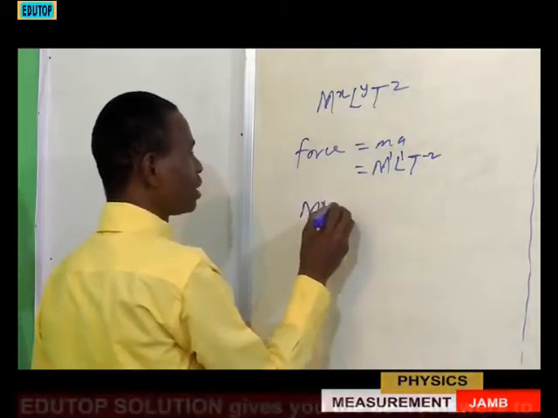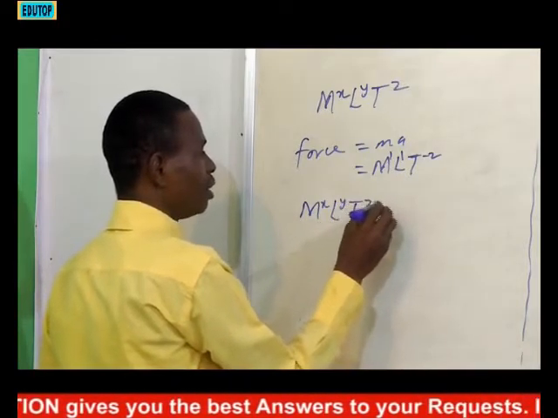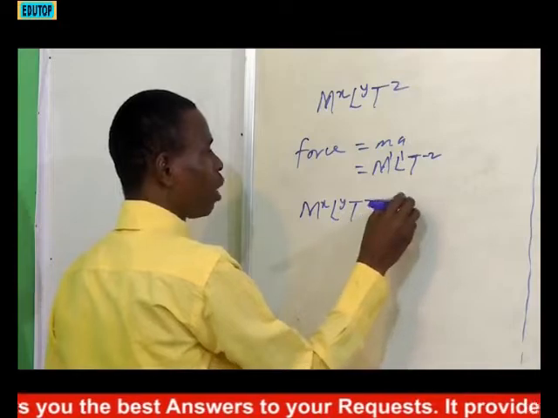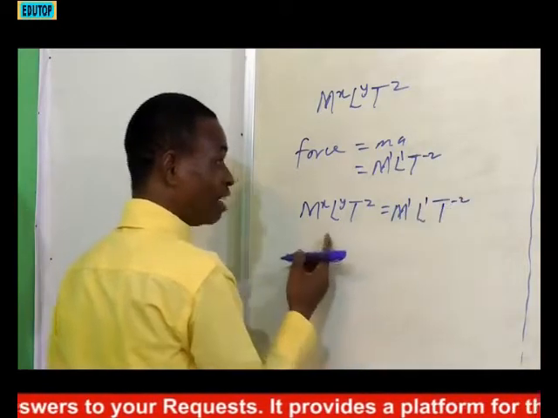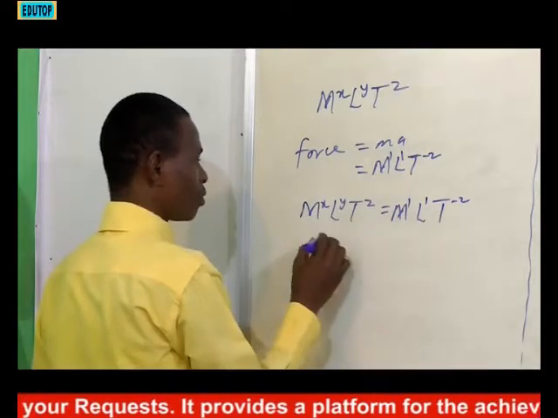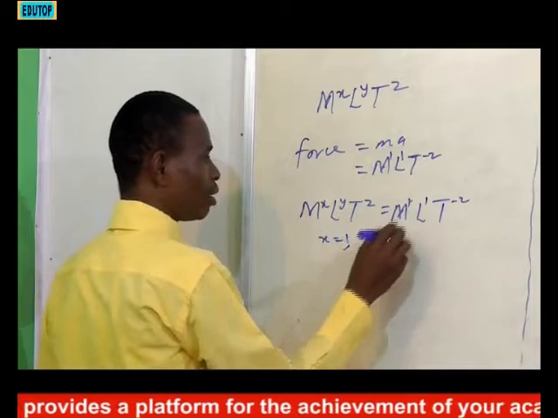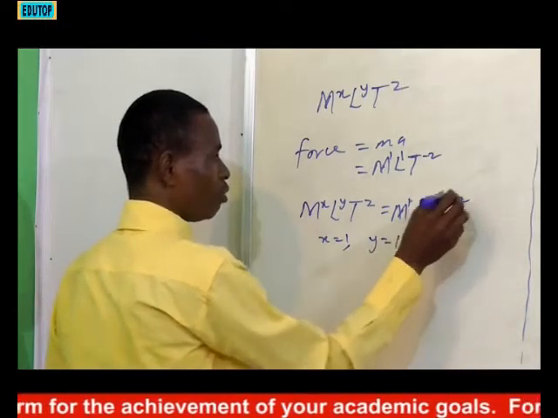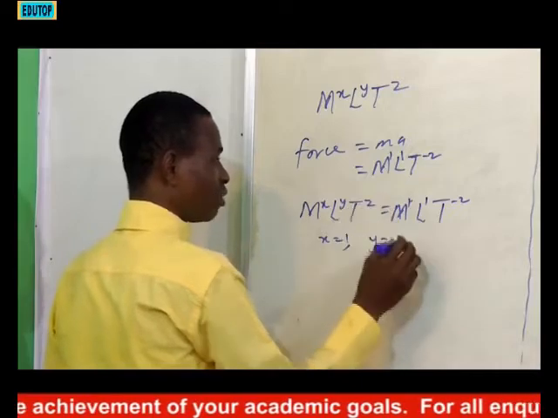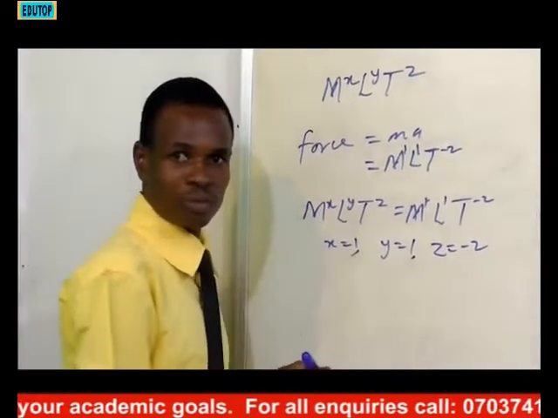Compare it to this. M raised to the power x, L raised to the power y, T raised to the power z is equal to M raised to the power 1, L raised to the power 1, T raised to the power minus 2. We are comparing now. For x is equal to 1. For y is equal to 1. For z is equal to minus 2.